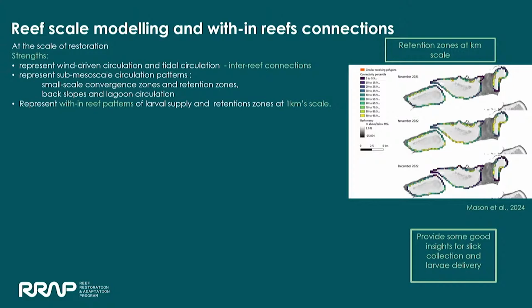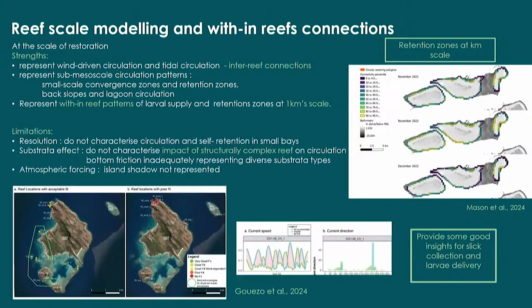Now we need to think about the limitations as well, and there are quite a lot, and we shouldn't shy away from that. There are a few examples from the analysis that Marin did at Lizard Island. One is a small bay in the north of the island called Mermaid Bay, and the model didn't work really well over there. The bay was too small, not enough grid points in there.